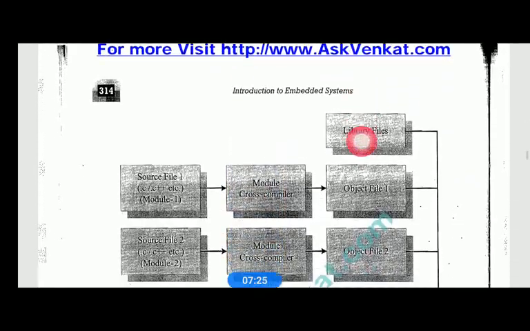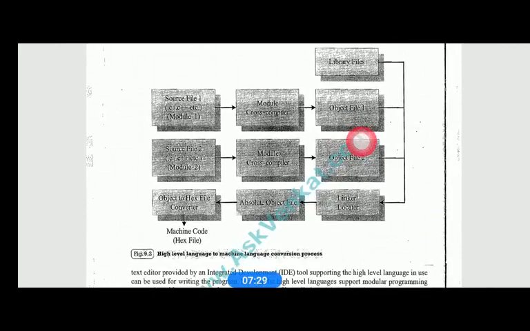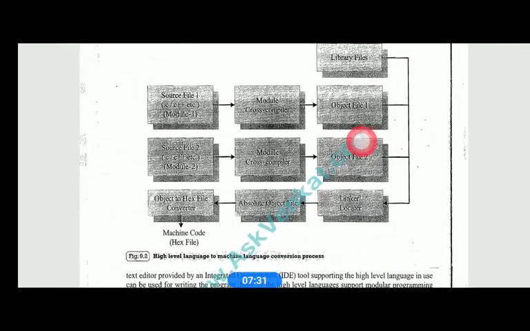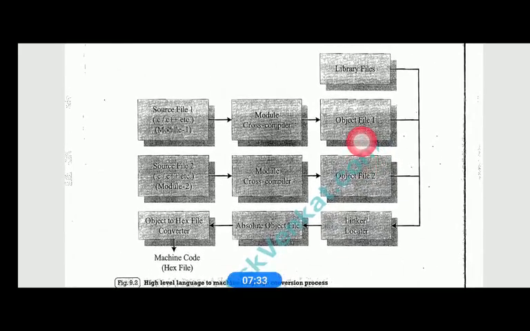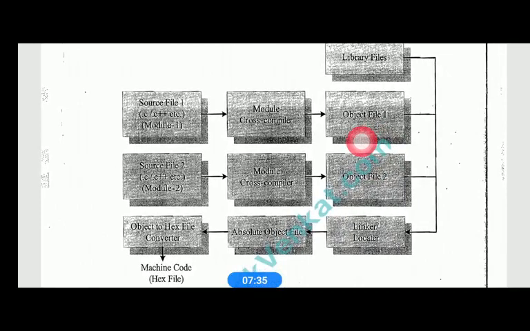Here, to convert the high level language into machine level language, that is the machine code, which we send to the target processor so that the processor or controller can understand its machine code, we are using a cross compiler.